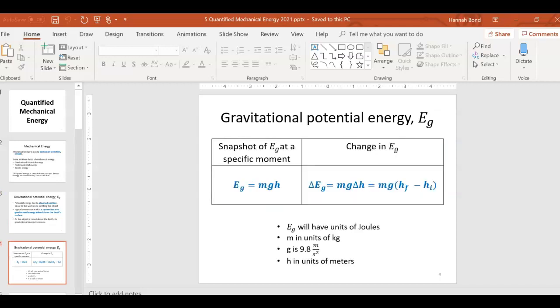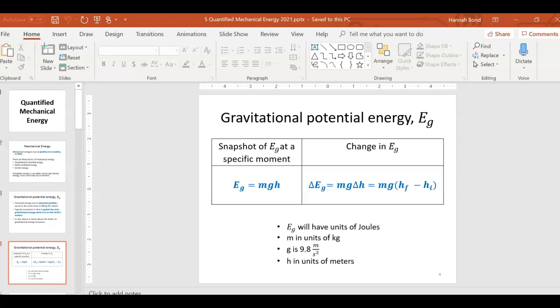Here are the formulas for calculating gravitational potential energy. On the left is a snapshot. If you would like to know at this moment what is the gravitational potential energy of this system, then you'll use this equation, where Eg equals the mass multiplied by g, which is the acceleration due to gravity, and also multiplied by the height above the Earth.